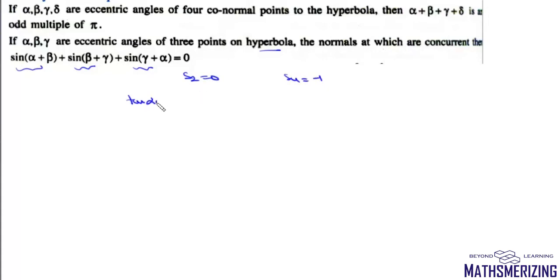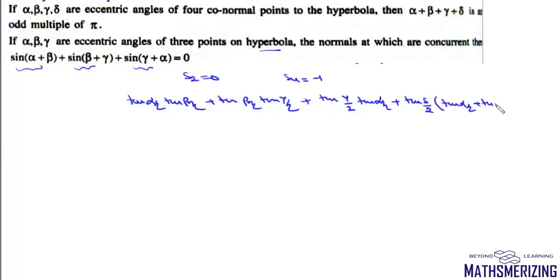S2 is tan alpha by 2 tan beta by 2 plus tan beta by 2 tan gamma by 2 plus tan gamma by 2 tan alpha by 2, and then plus, suppose the fourth root is delta, tan delta by 2 into (tan alpha by 2 plus tan beta by 2 plus tan gamma by 2), and it is equal to 0.